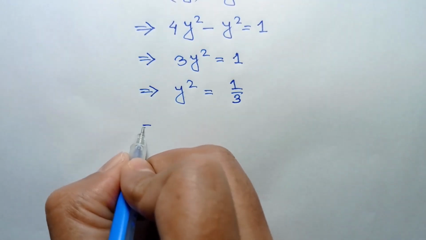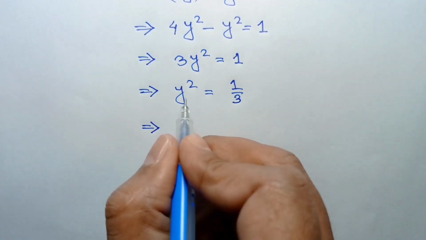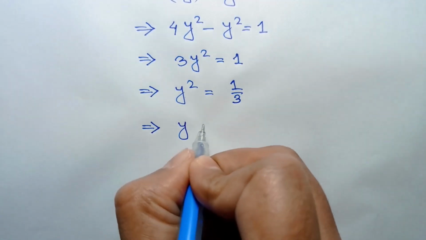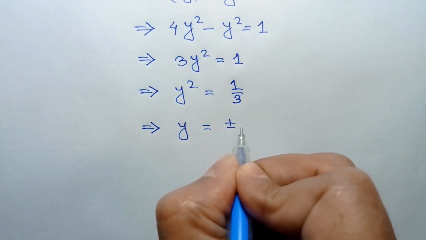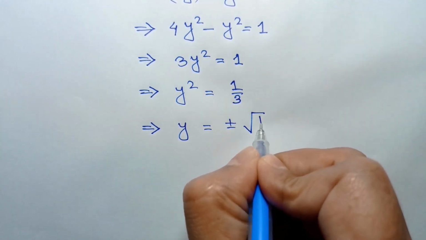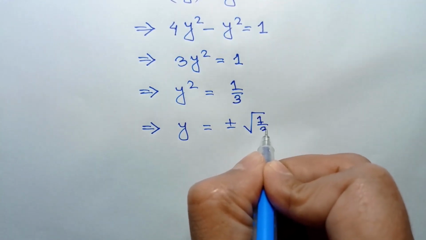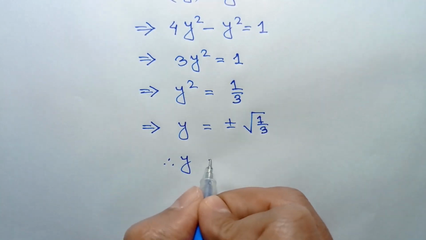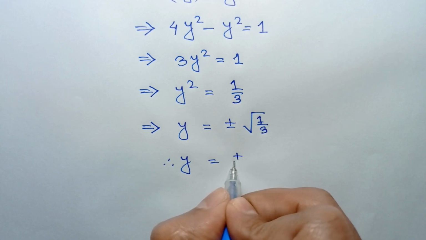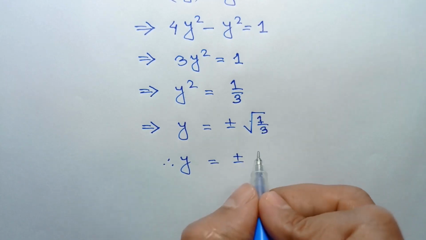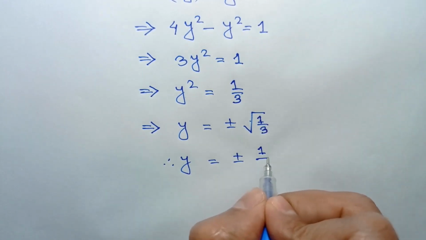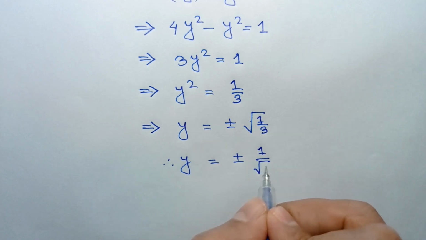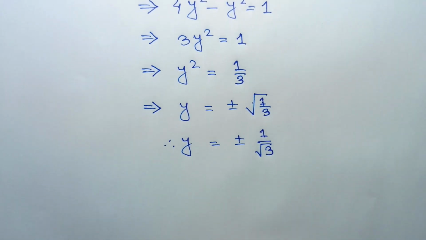Now taking a square root on both sides we can write y is equal to plus or minus square root of 1 over 3. So the value of y is equal to plus or minus square root of 1 is 1 over square root of 3.